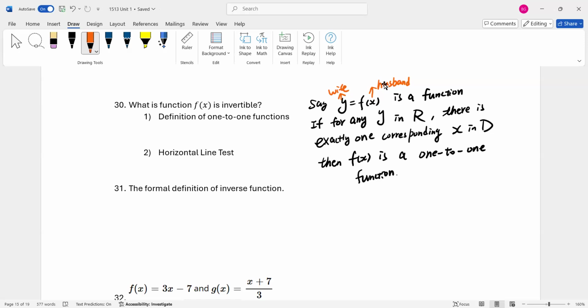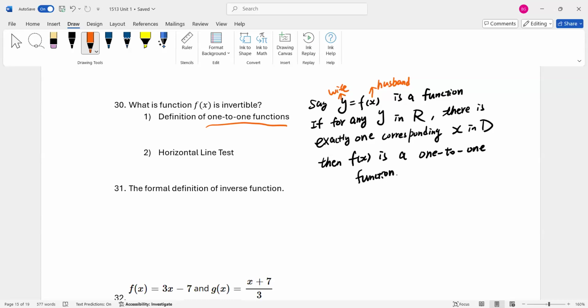But for a function to be a one-to-one function, one more condition needs to be met. Not only is there no cheating husband, but we also do not allow a cheating wife. So for any husband, there's only one wife, and at the same time, for any wife, there's only one corresponding husband. Then the function is one-to-one. Every husband has only one wife, every wife only has one husband.